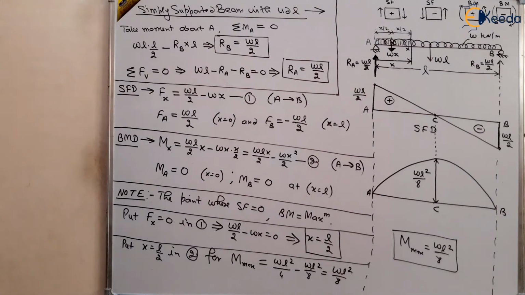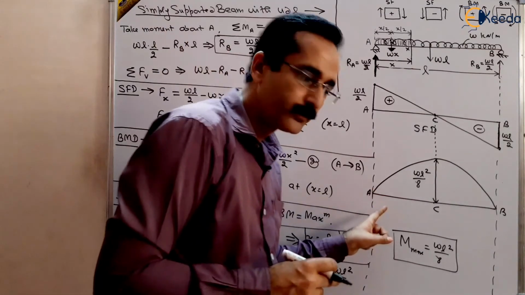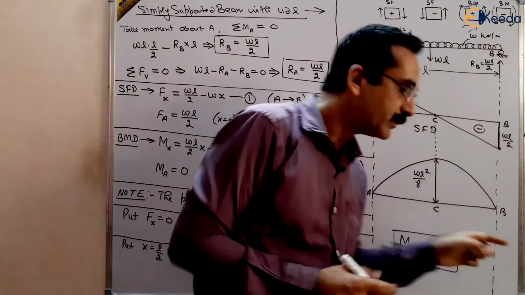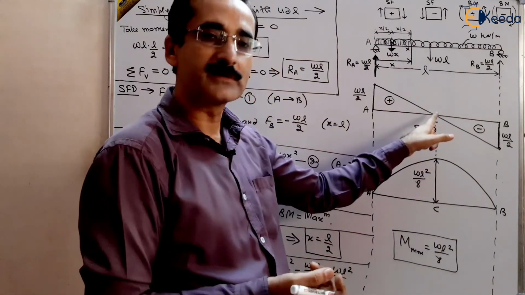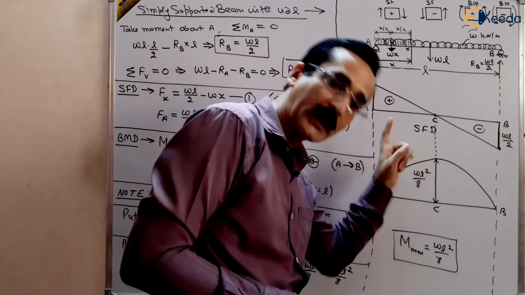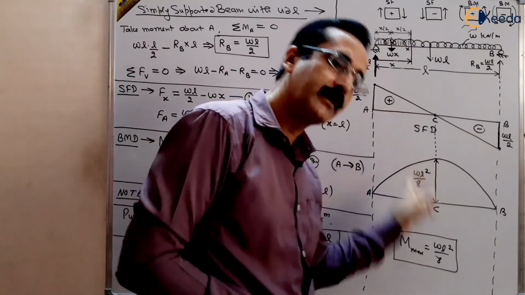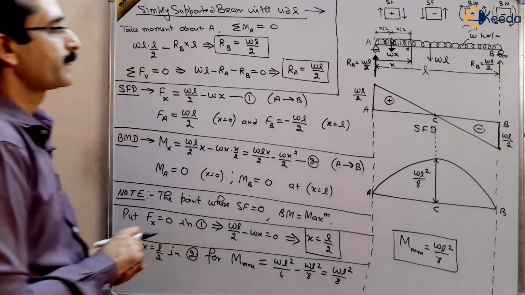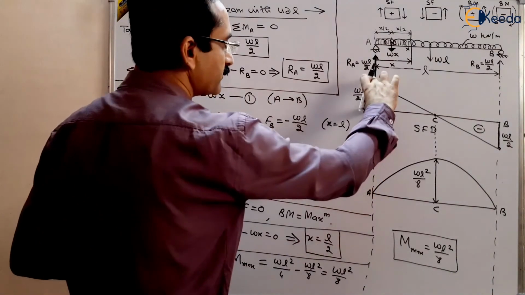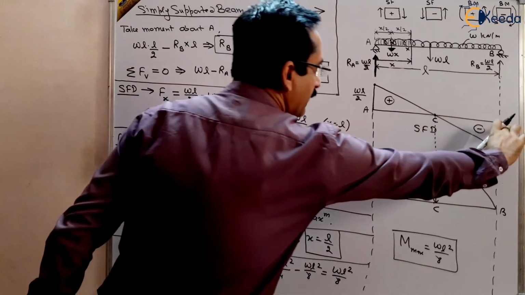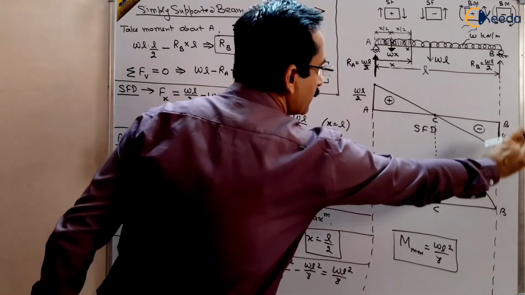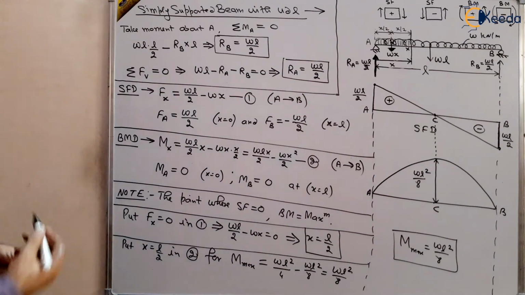At A the bending moment is 0, at B the bending moment is 0, and at C where the shear force is 0, the bending moment will be maximum, and the maximum value will be WL square by 8. And at A the shear force will be maximum, WL by 2, and at B the shear force will be maximum, WL by 2. So this is how we can find out the shear force and bending moment diagram for a simply supported beam with UDL.